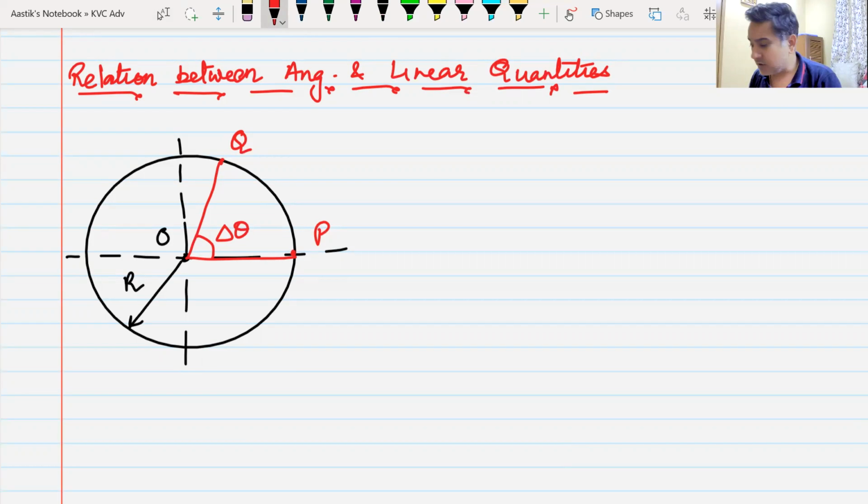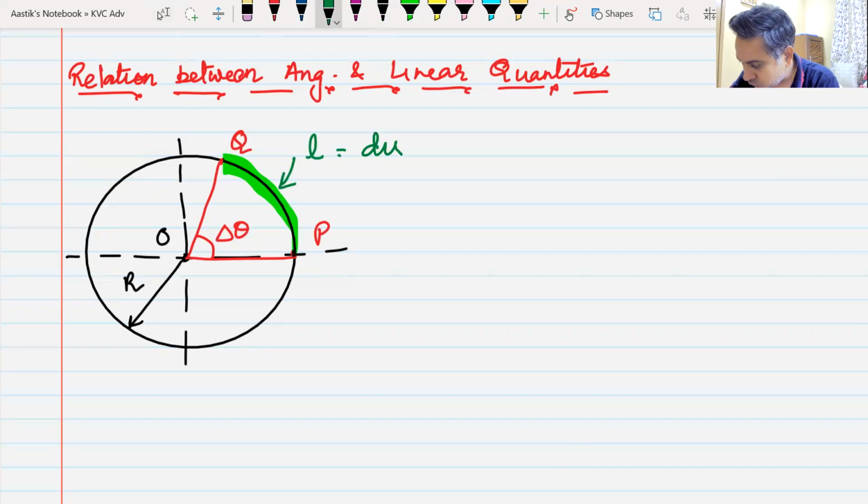Now, if we talk about how much distance it has moved, what do you mean by distance? Distance is the length of this path. The length of this path is known as the distance traveled. How much is the distance traveled by the particle?